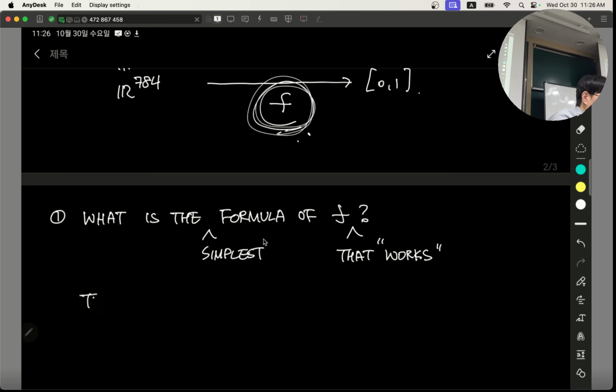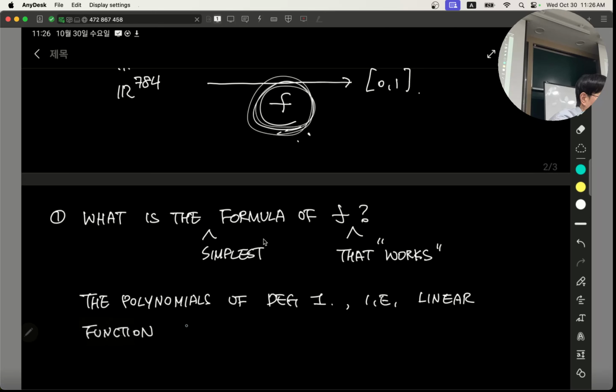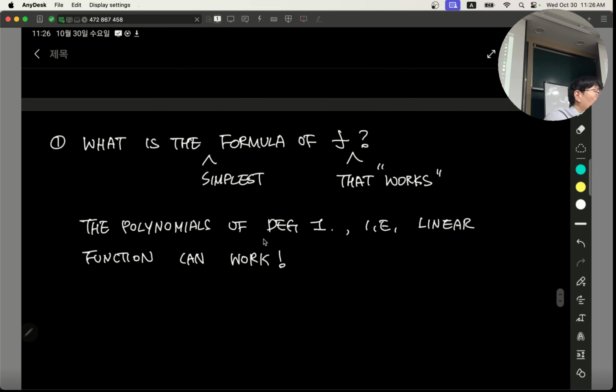So the polynomial of degree 1, i.e., a linear function, can work. Well, that's what people found out. It works. Okay? And it's very simple. It's simple enough that you can simply put that into a matrix multiplication.